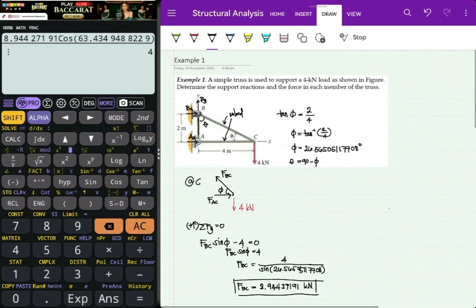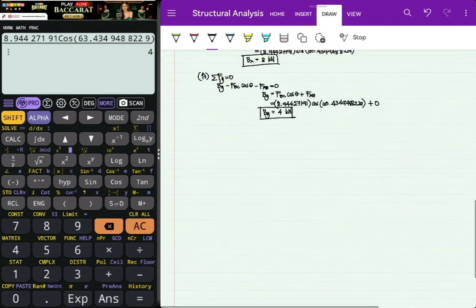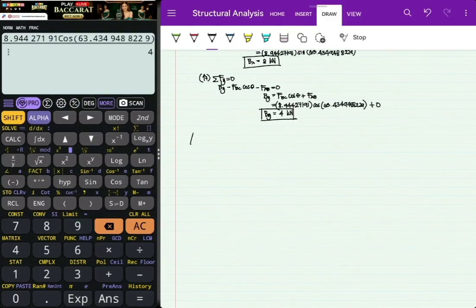Now take note, what we did here was solve by joints. Now if you are just going to solve it as a whole structure, I'm going to say alternate solution for the support reactions.